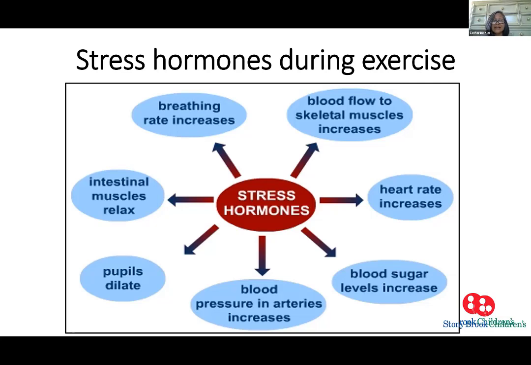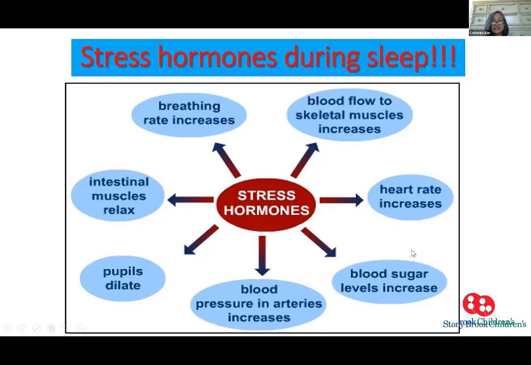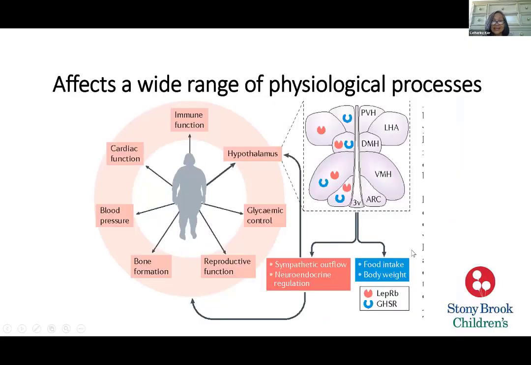Your pupils dilate and intestinal muscles relax. So if you have a sustained activation of your sympathetic nervous system during sleep, then you can see that it really leads to consequences or complications affecting the immune system, hypothalamus, glycemic control, reproductive system, even bone formation, blood pressure, and cardiac function.